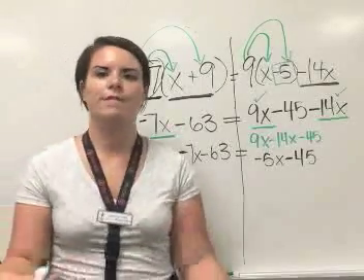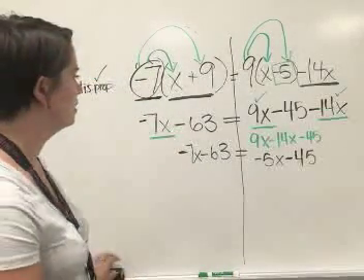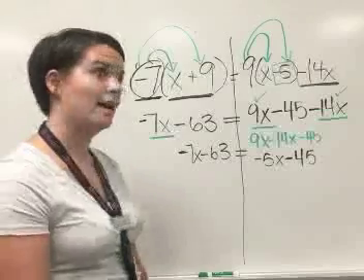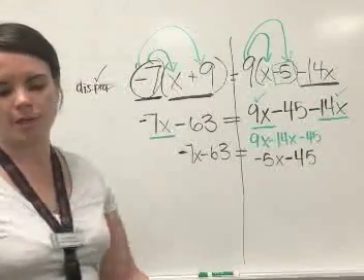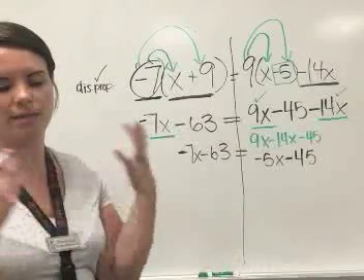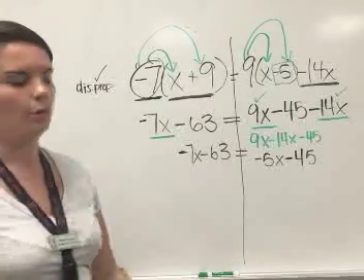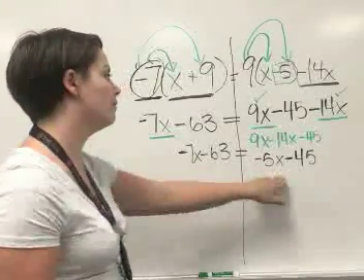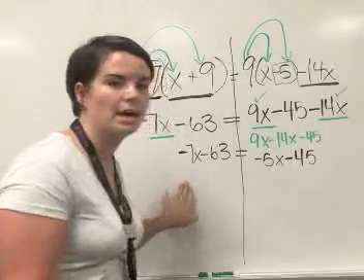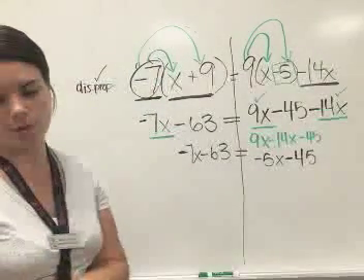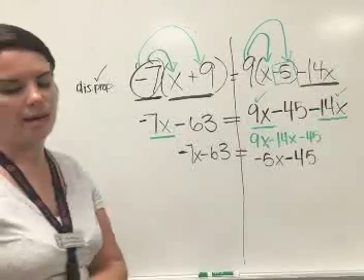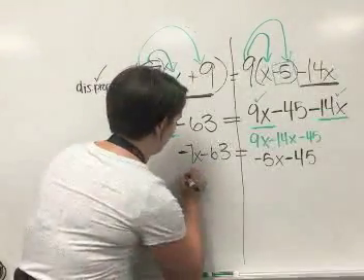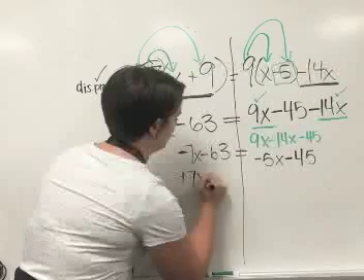Are there variables on both sides? Yes, in this equation there are. So what are we going to do? How are we going to get the variable by itself? We have to bring one variable over to the other side of the equal sign. So I'm going to add 7x to both sides.